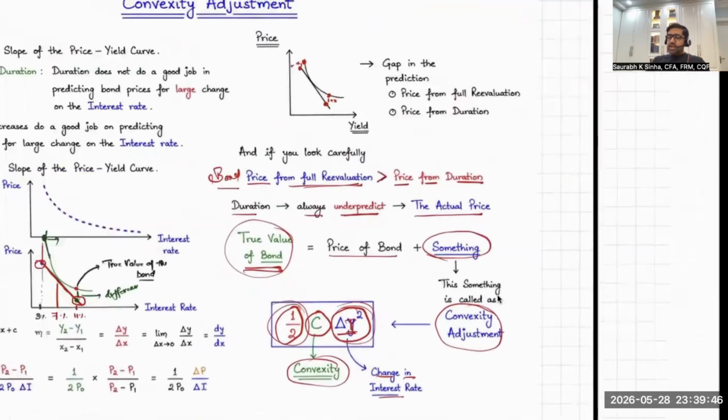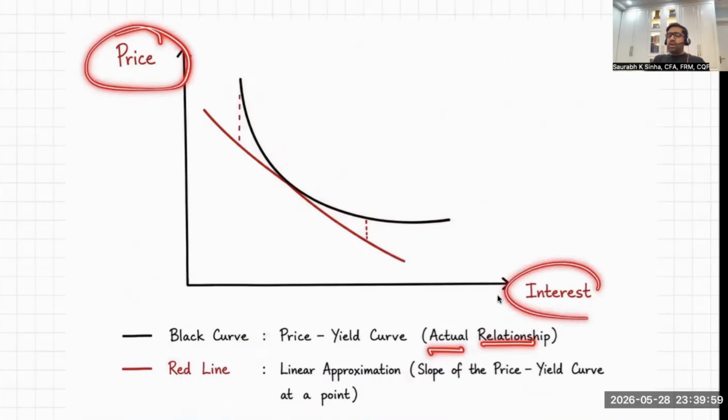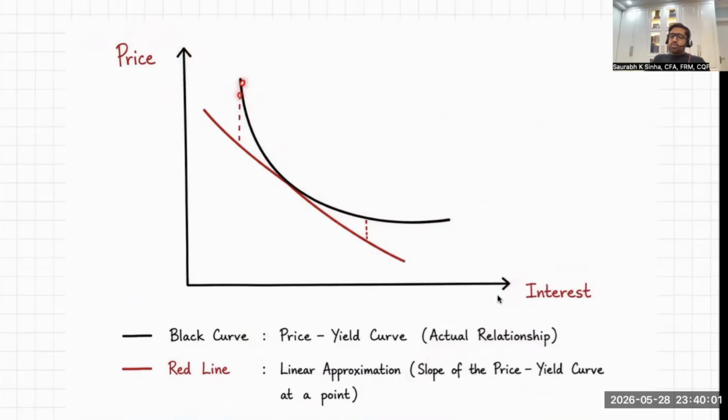Okay. So I'm recapping again that this black curve is the price yield curve, which is the actual relationship between the price of the bond and interest rate. Each point in this price yield curve represents the true value of the bond. The red line is the linear approximation, the slope of the price yield curve at a point.